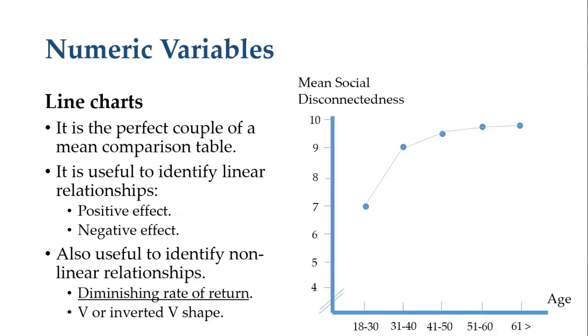Pollock is using an index in which researchers ask individuals the extent to which they have frequent relationships with friends, with relatives, and so on and so forth. And they found that as you get older, your levels of social disconnectedness are higher.